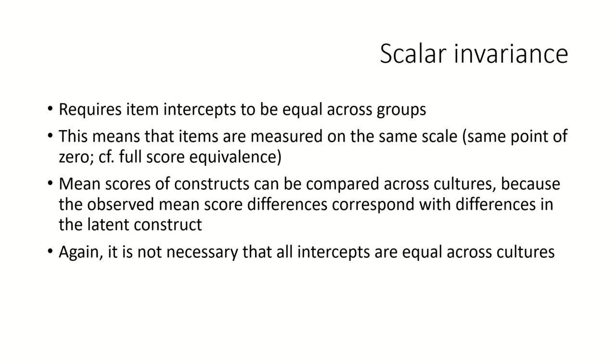We can have a look, and if there are some individual items that could be freed up to show different intercepts across groups, we can test whether that actually makes a difference. If we have like 1, 2, or 3 potentially, we could free them up and then have a good model fit, and hooray, we can directly compare our results across groups. But we will get to that at some stage soon.